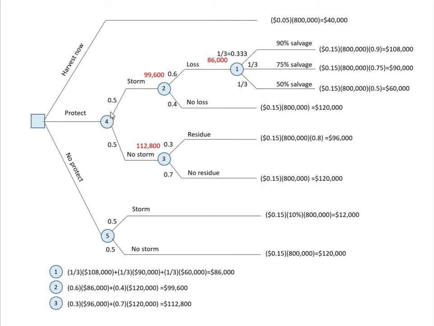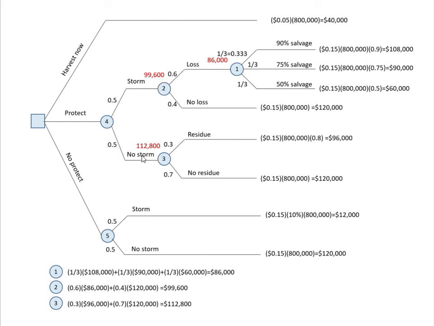Circle, so again, probability times payoff plus probability times payoff. So let me explain again, why are we doing this, probability times this payoff? Because probability is just probability, but if the storm actually hits, what we learn here is that his expected profit is going to be this number going forward.